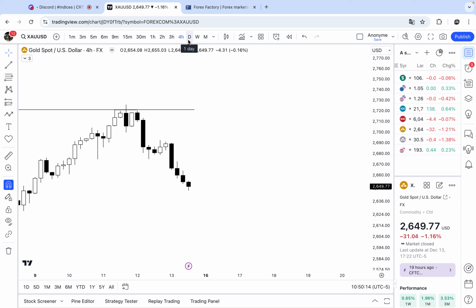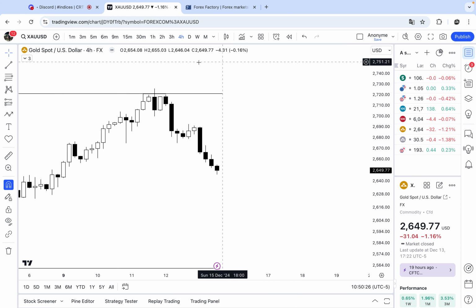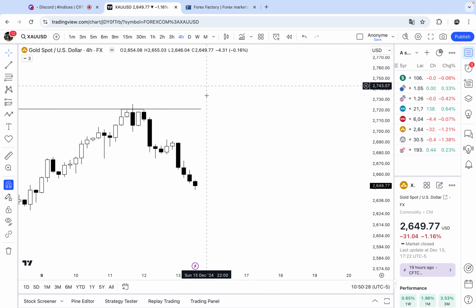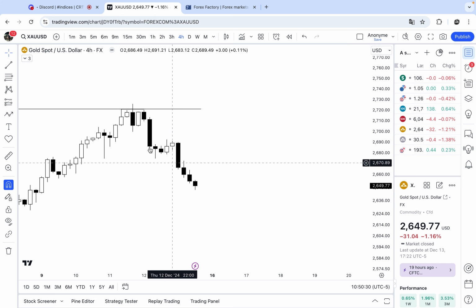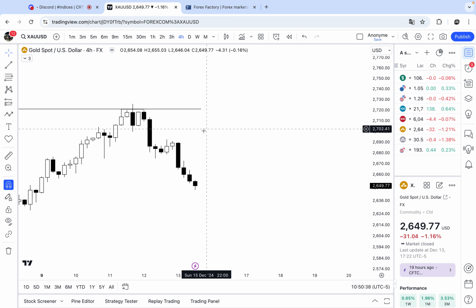This is like my short term drawn liquidities. All right. This is my long term drawn liquidities for this week. And now I'm dropping time frames. So daily, 4-hour, and I'm looking for maybe some key levels that can be respected during the beginning of the week.